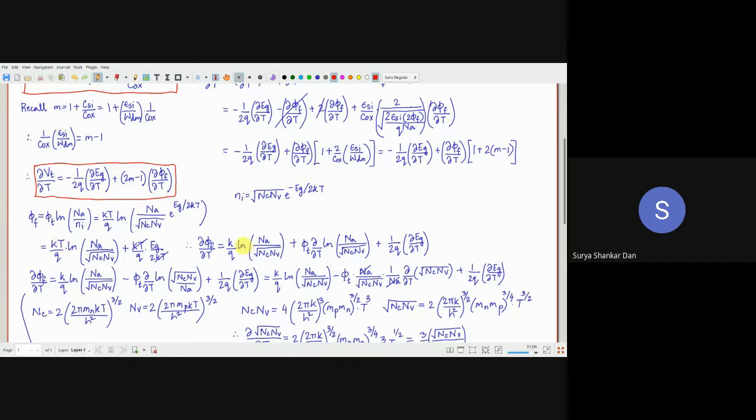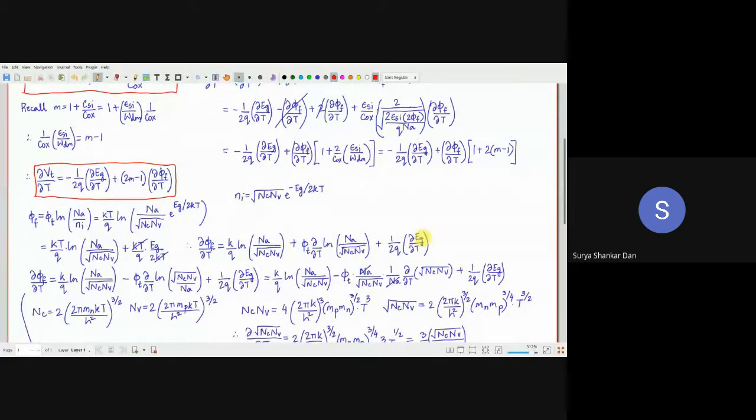So k by q ln Na by root over NcNv plus, notice this kT by q is phi t, del T of ln of this whole factor. Remember, NcNv are also dependent on temperature. Plus kT cancels, so you are left with 1 upon 2q. There is a 2, there is a q here, and then del Eg by del T. Again, we are reaching out to the same factor del Eg by del T.